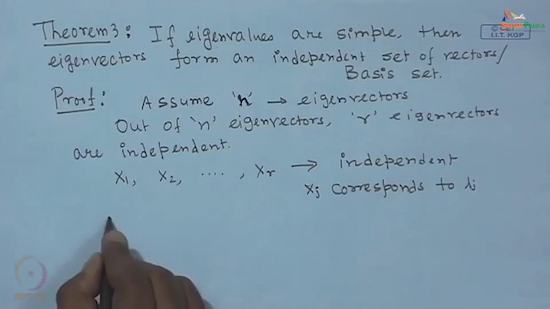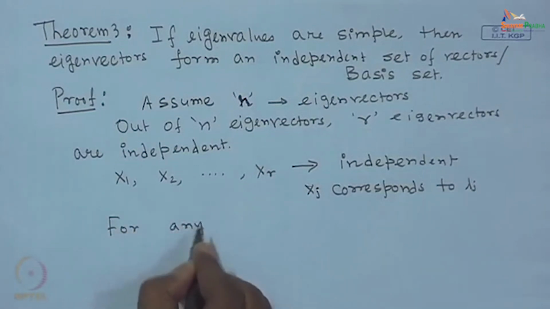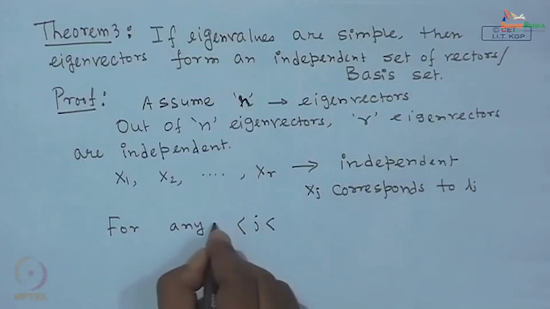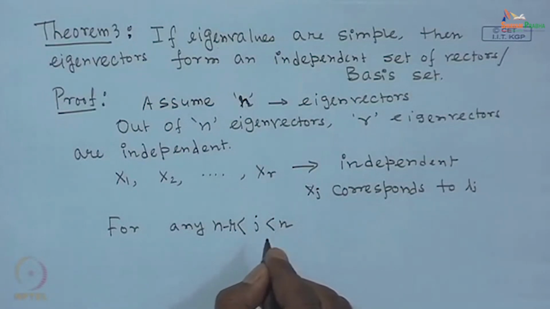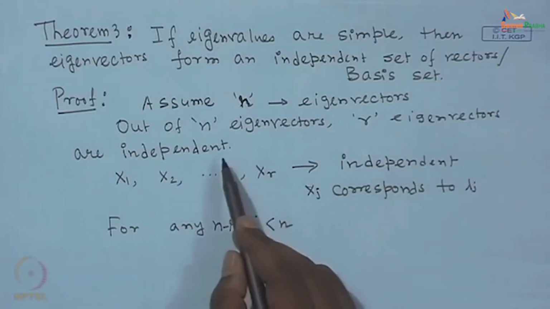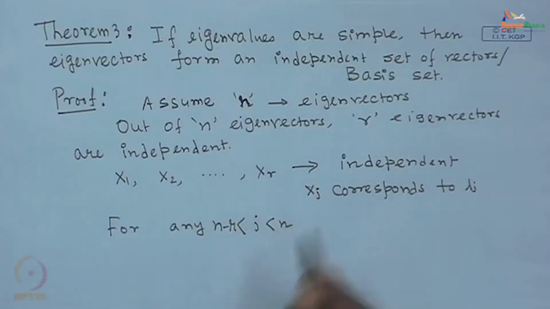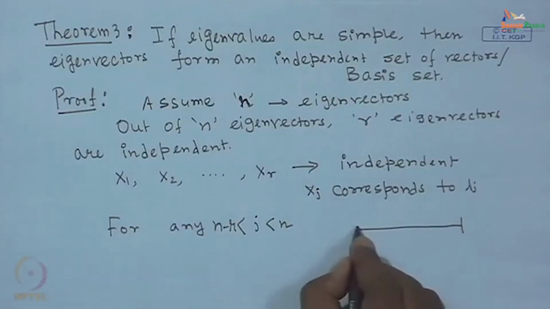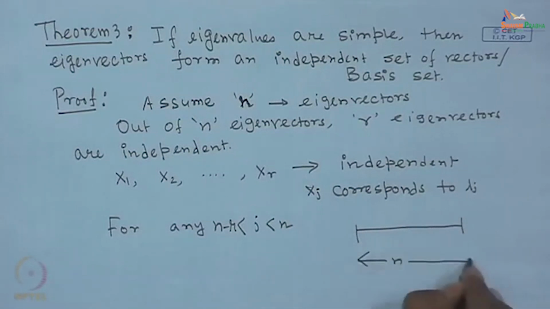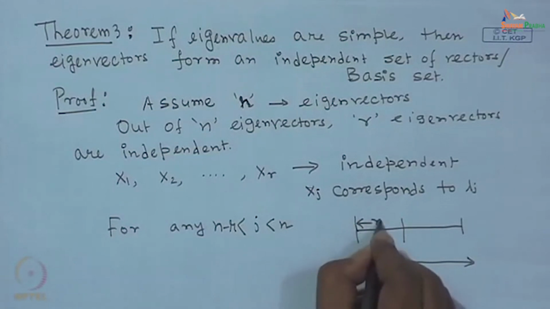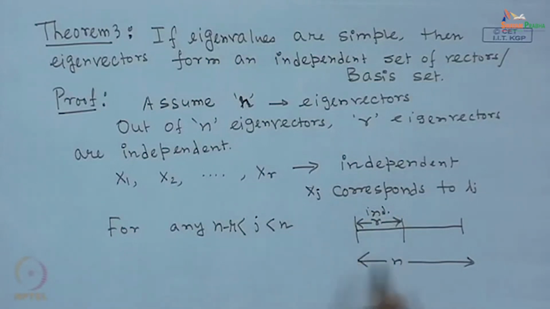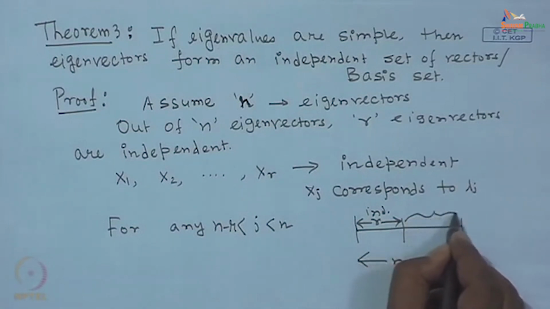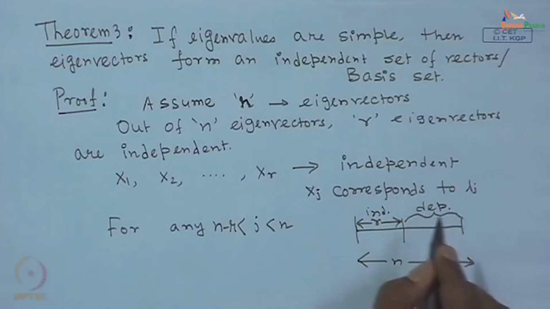So, for any j lying between n minus r and n, r eigenvectors are independent and n minus r eigenvectors are dependent. Out of the total n, r vectors are independent, so this set is the dependent set of eigenvectors.